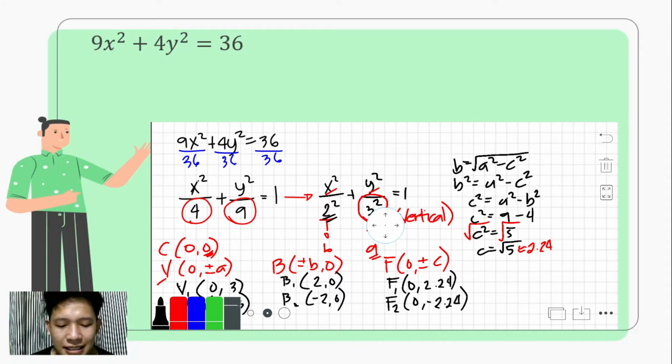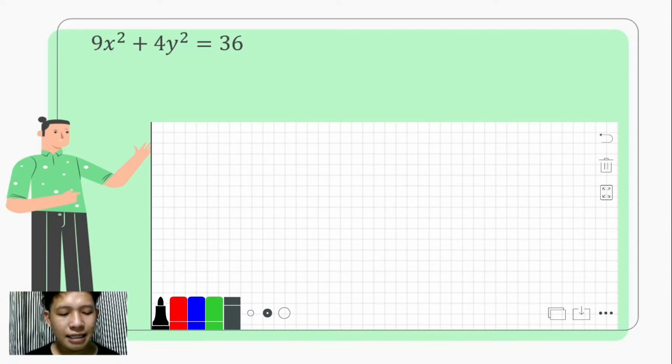Okay po? And we all know that the ellipse is oriented vertically. So, ang ating major axis would be vertical and our minor axis would be horizontal. Okay po? So, let us now proceed with our next example.